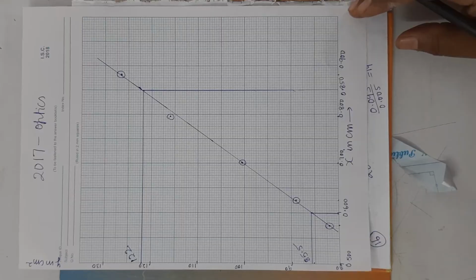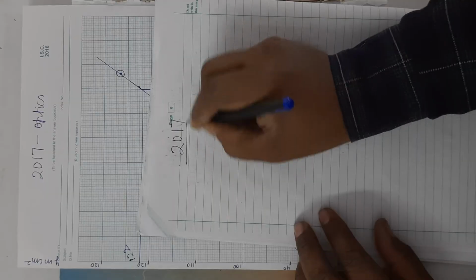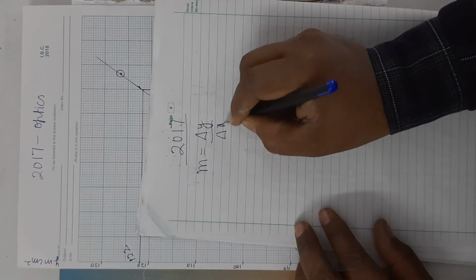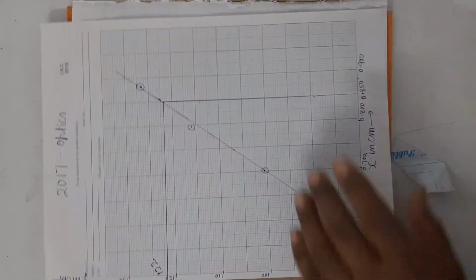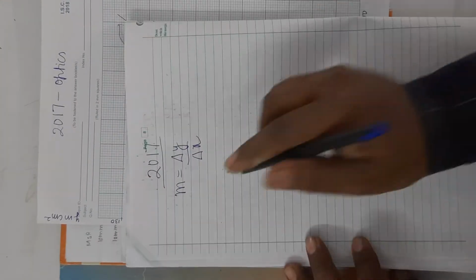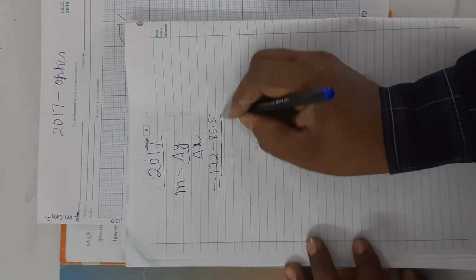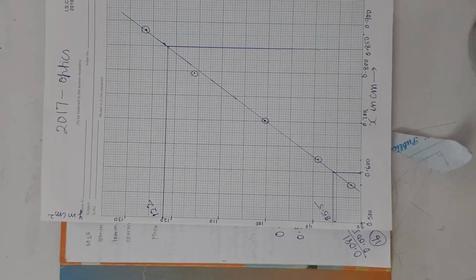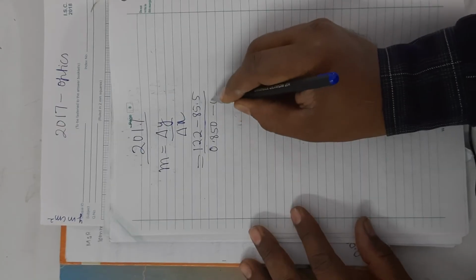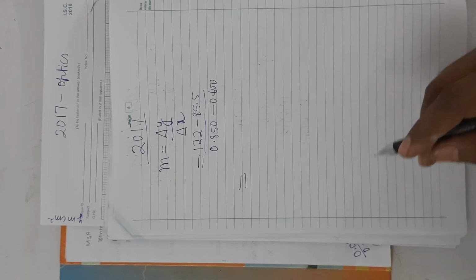So you determine the slope. Slope is represented by m. m equals delta y upon delta x. What is delta y here? Delta y is 122 minus 85.5, divided by delta x, 0.850 minus 0.600.